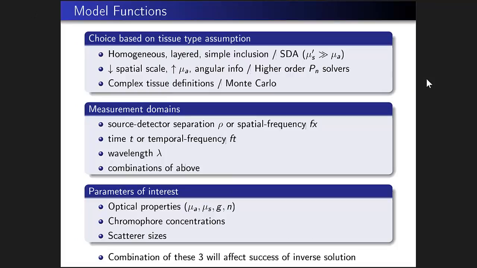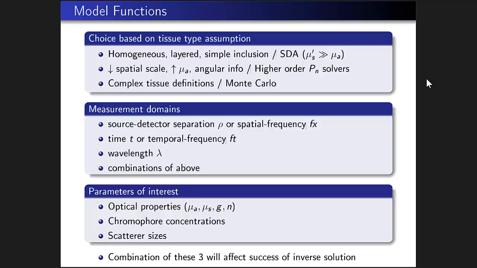So during this week, we saw how you can choose different kinds of solutions for the different types of tissues that you're assuming the tissue to be. For instance, if it's a simple defined tissue that's homogeneous or layered, or say it has a sphere or simple inclusion, there are standard diffusion approximation analytic solutions for those types of tissues.